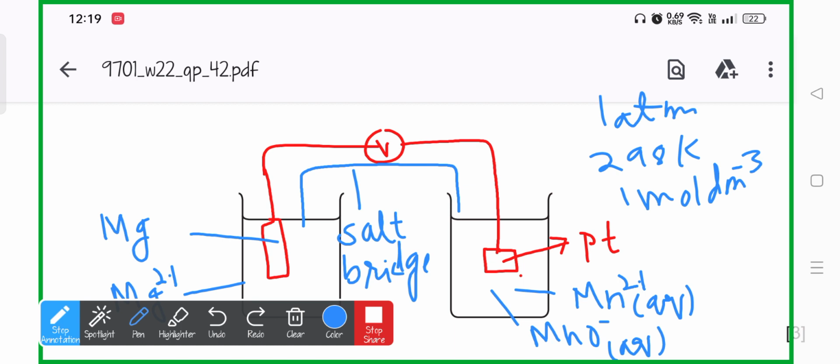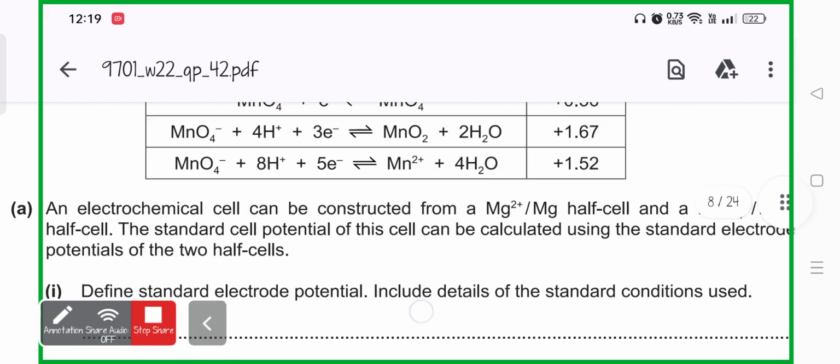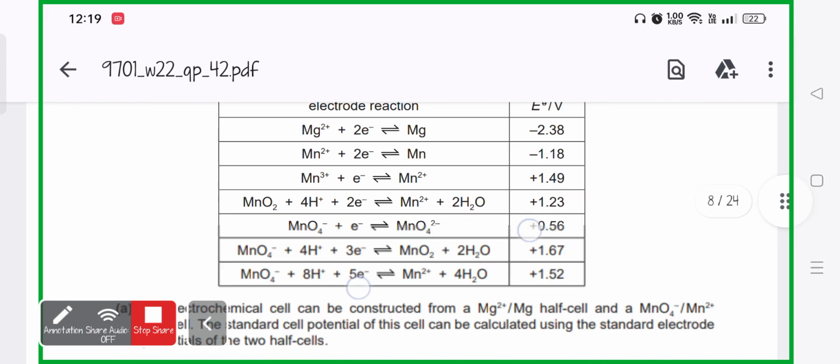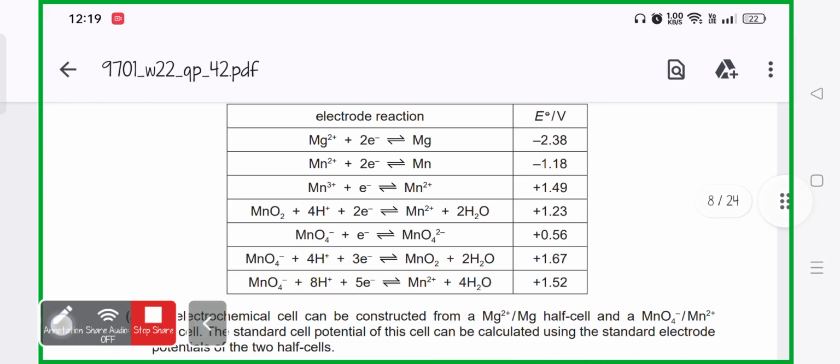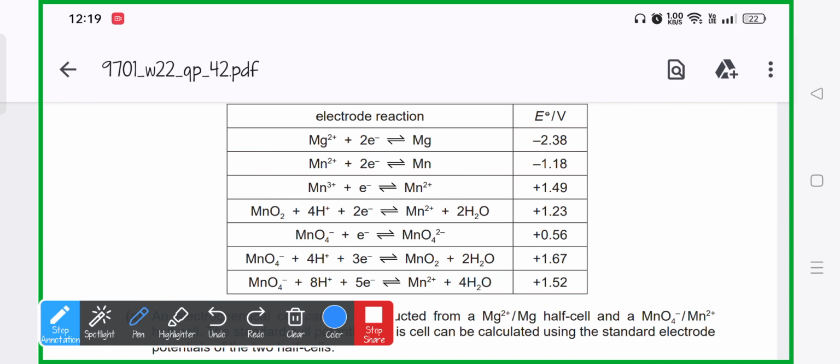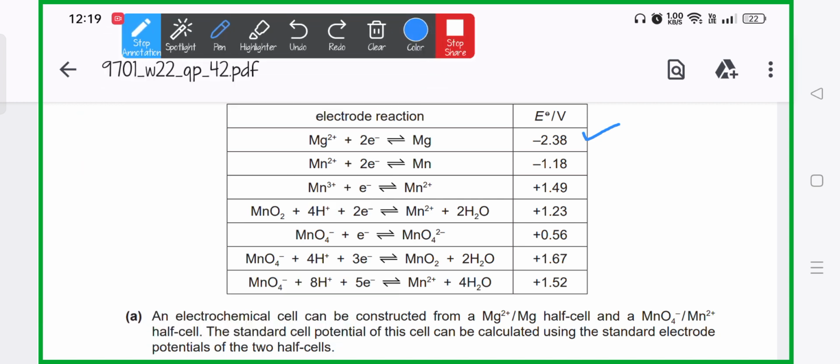According to the values that they have given us in this table, magnesium has a minus value, meaning its electrode potential is negative. And for manganese, they were asking for MnO4 minus and Mn2+. We only have this equation that represents both ions in one equation, with 1.52.